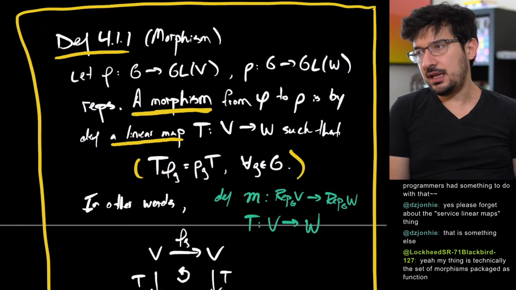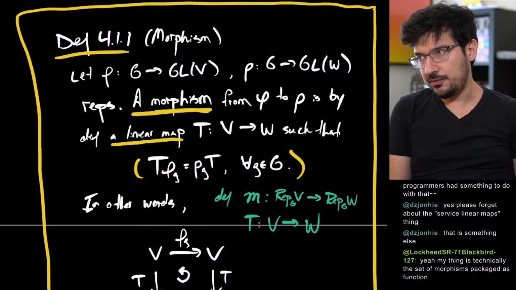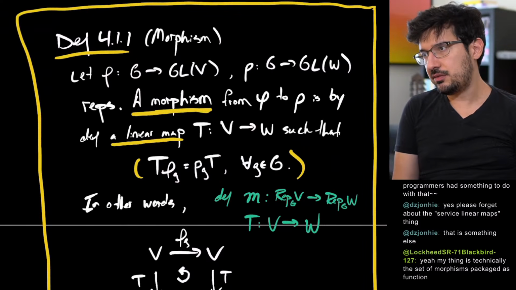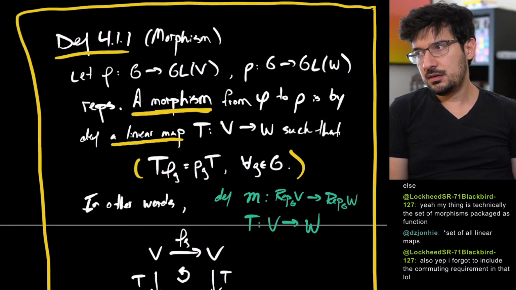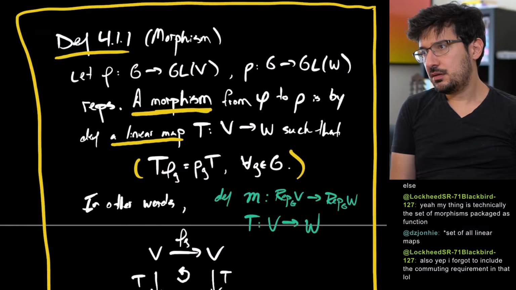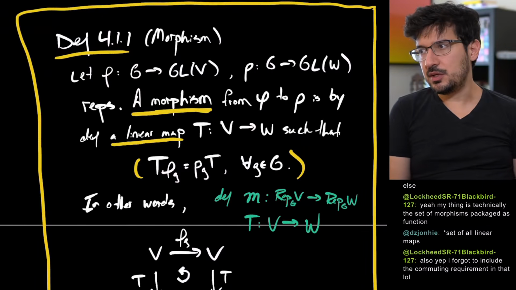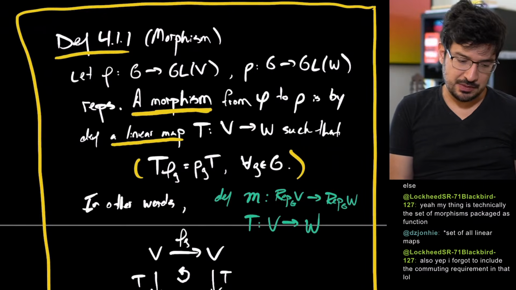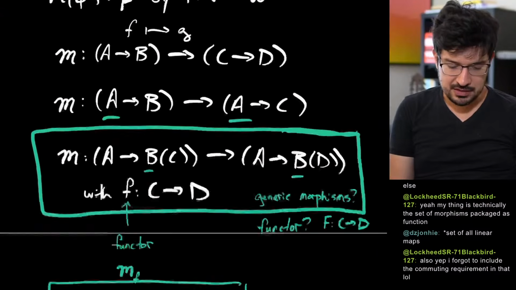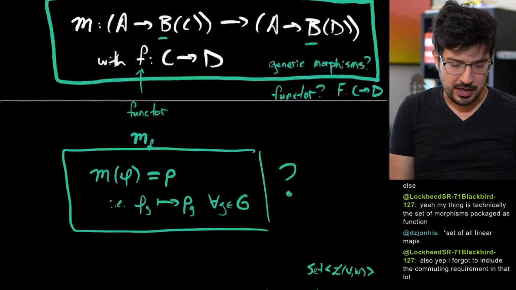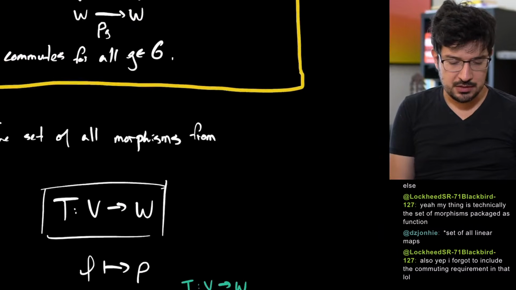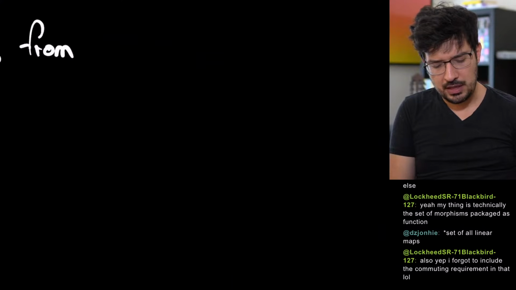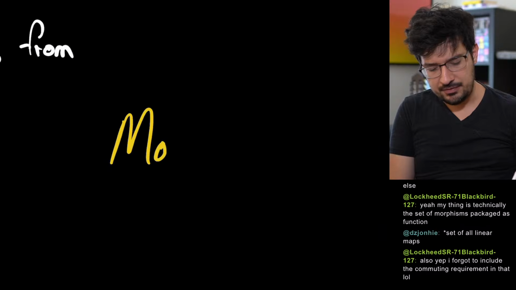Okay, yeah, your thing is technically the set of morphisms packaged as a function. And you forgot the commuting requirement. Yeah, me too. I mean, I was forgetting to add that requirement. But yeah, you were talking about something more like the set of morphisms.